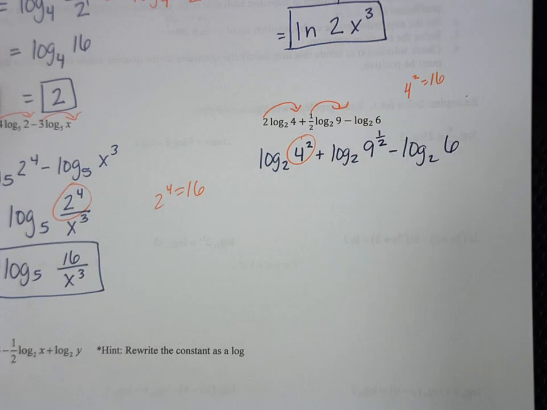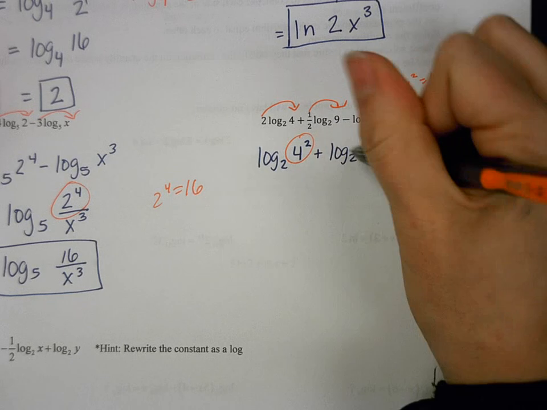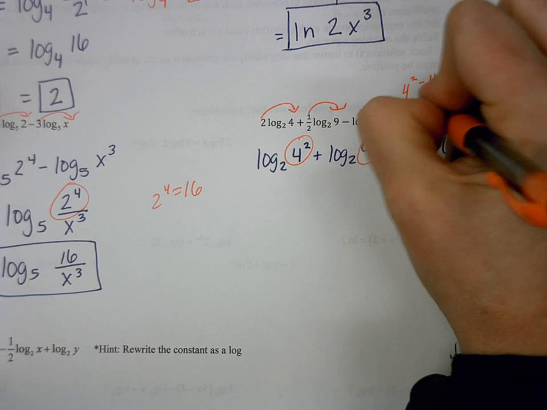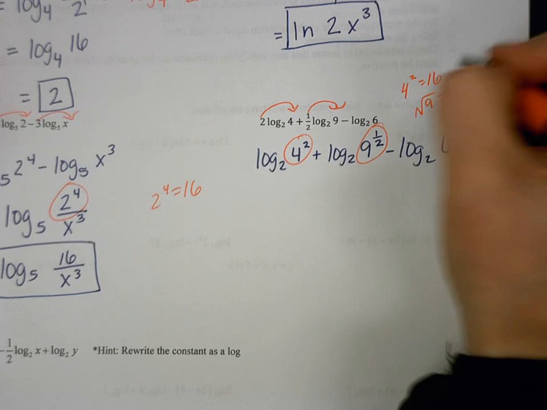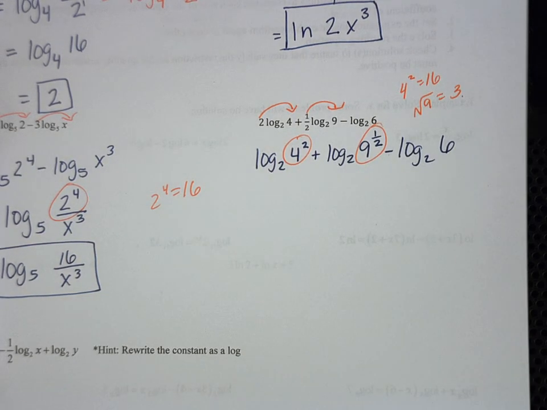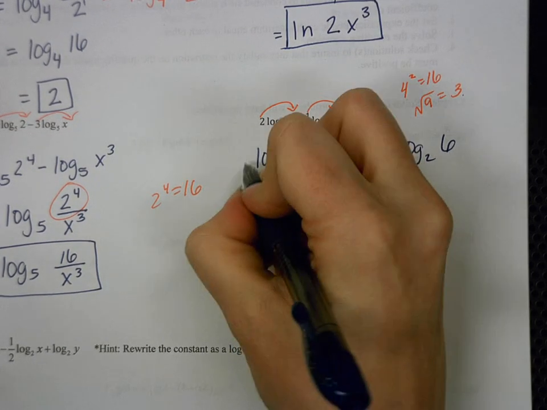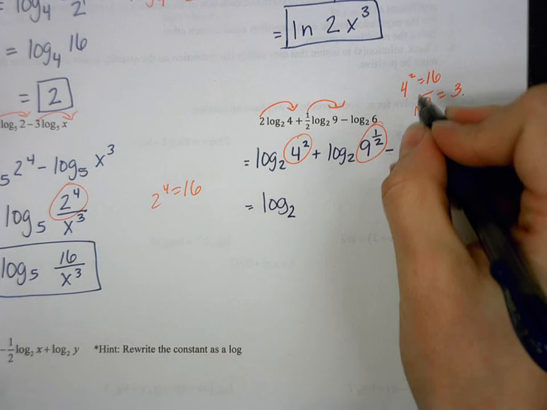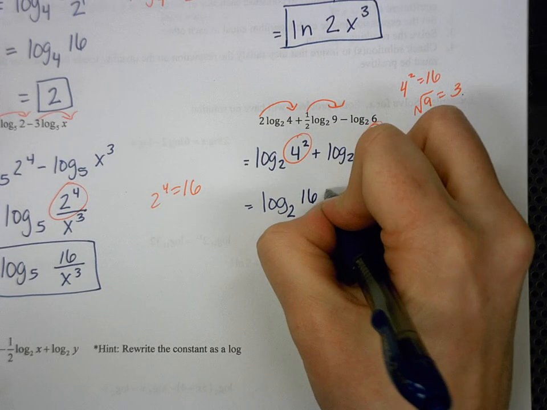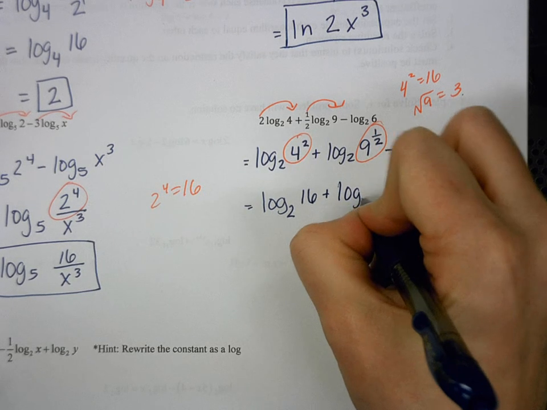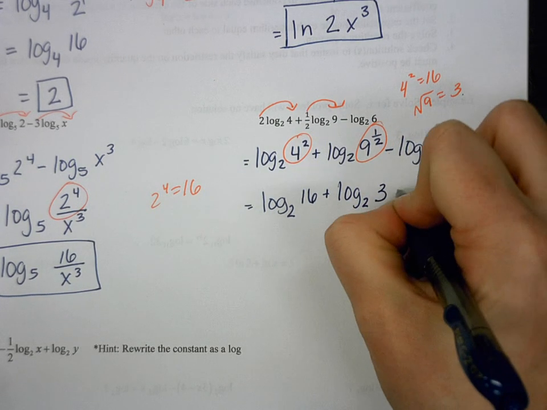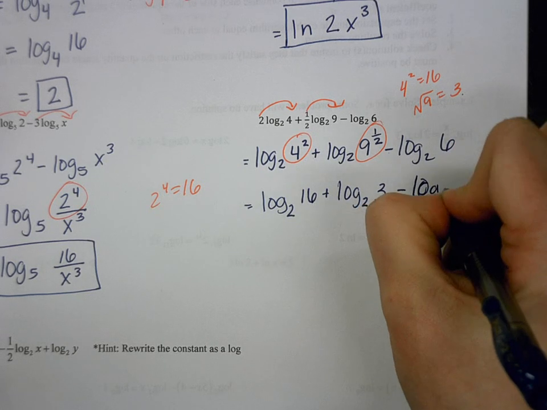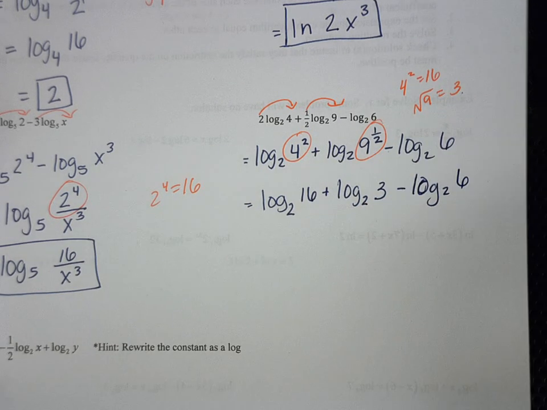We're going to use that in a second. 9 to the 1/2. 1/2 power equals a square root. What's the square root of 9? 3. So this is log base 2 of 16 plus log base 2 of 3 minus log base 2 of 6.